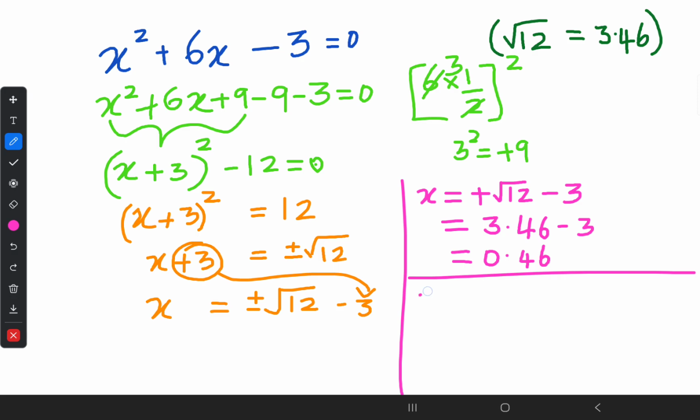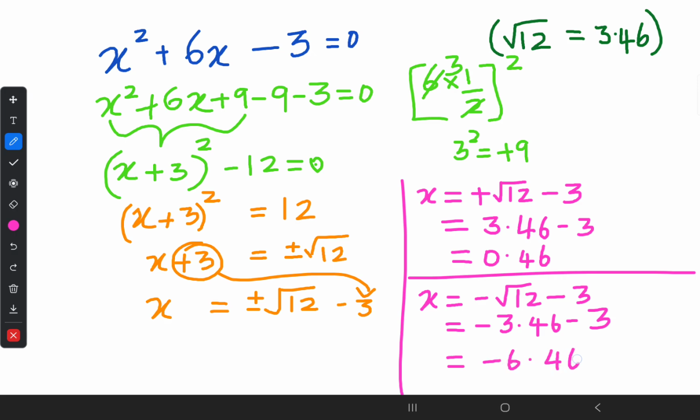The next solution for x is negative square root of 12 minus 3. Negative square root of 12 is negative 3.46, minus 3. Since both are in the negative direction, it will become negative 6.46. So this is the second solution, and that was the first solution. This would be the second solution for our respective x.